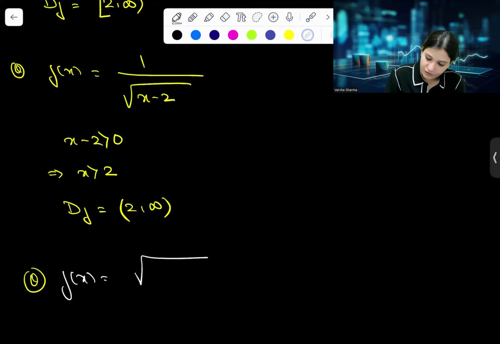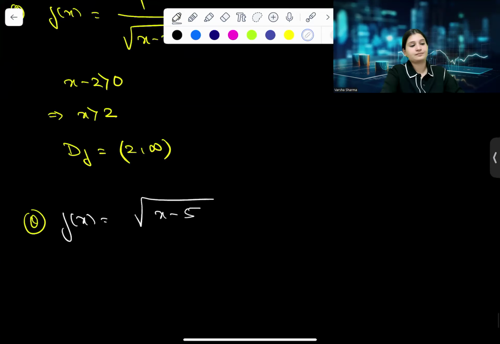Question. The function is under root x minus 5. Answer: the domain is closed bracket 5 to infinity.